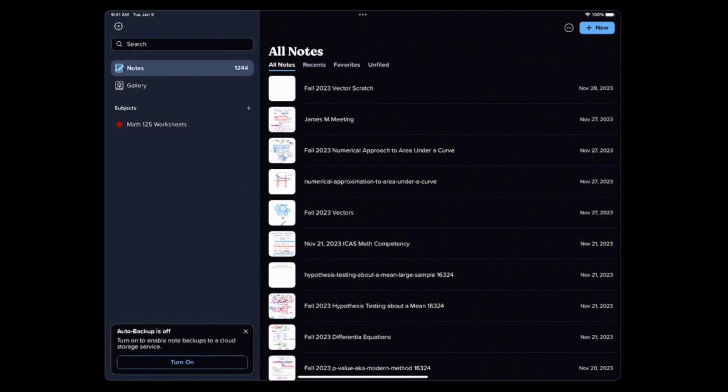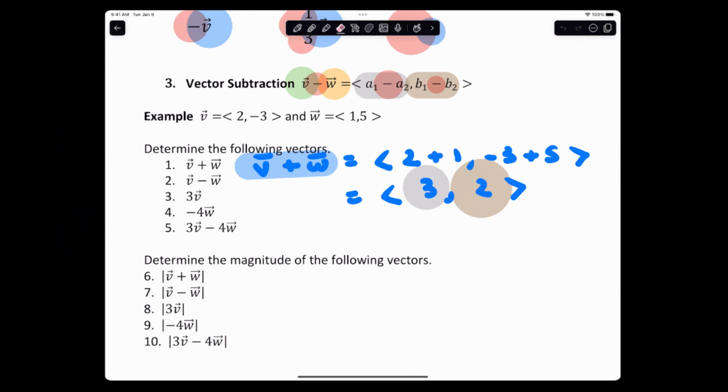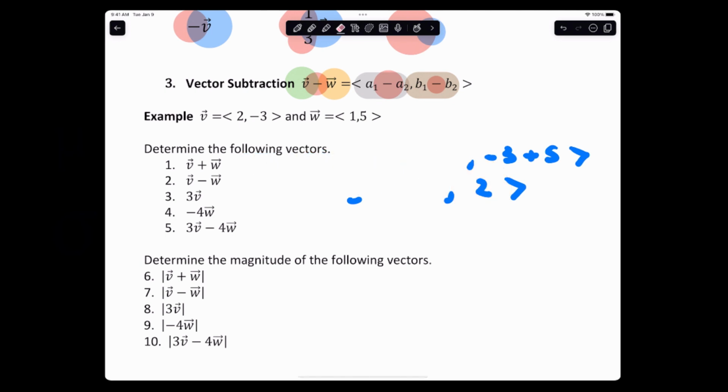And go back here. Where are you, vectors? There you go. And what I'm going to try to do, if I can, let me do this here. Okay, I'm going to try to take a picture, and we'll do some work this way.